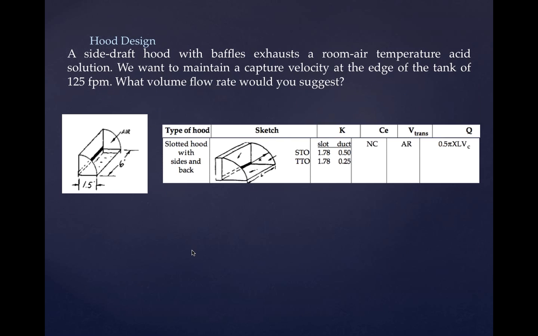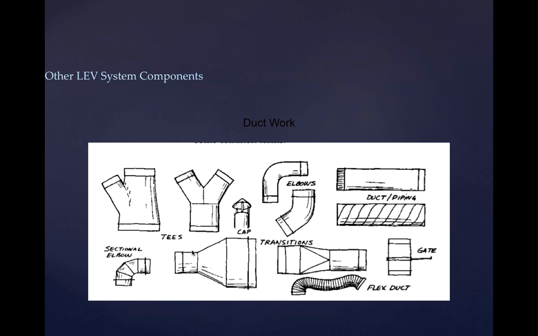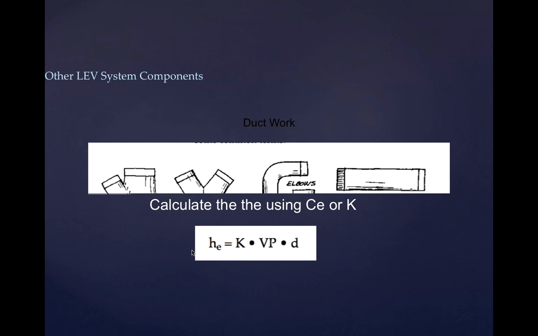Okay, here's some additional hoods and additional formulas. Here's one with two formulas. One formula based on the idea of that imaginary circle, and the other formula based on the actual manufacturer's recommendations.